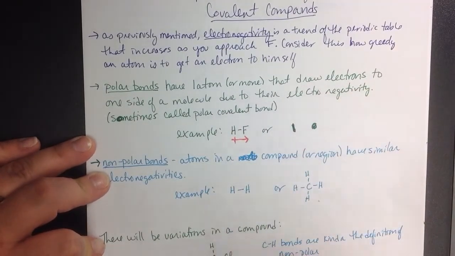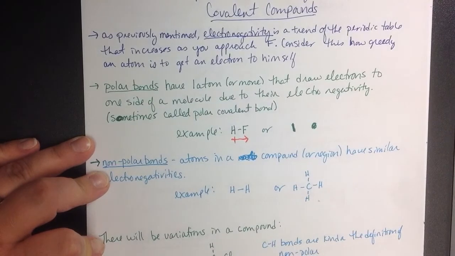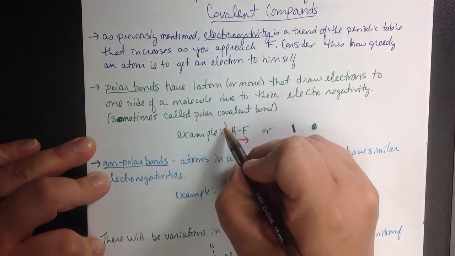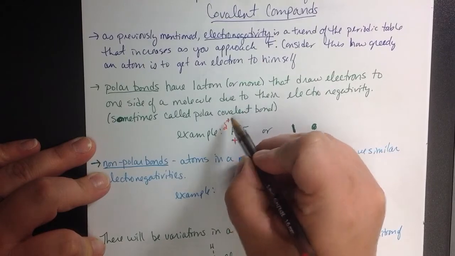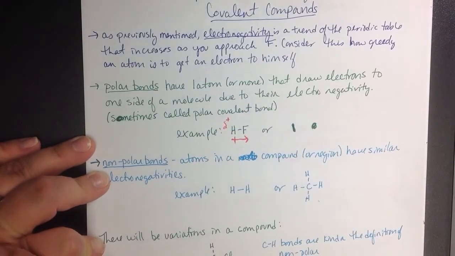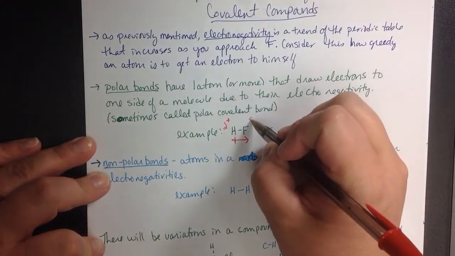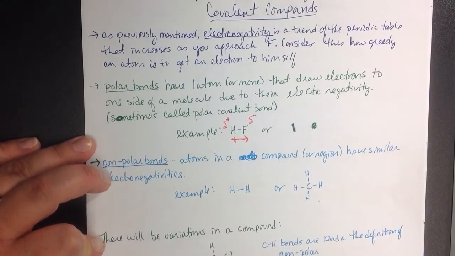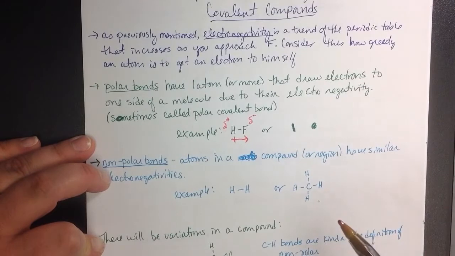Now these are not actual charges of plus and minus. Instead, they're partial charges of plus and minus. So another way to show that, the hydrogen comes in as partially positive, and fluorine comes in as partially negative, because remember, he's pulling something towards him that has a negative charge.